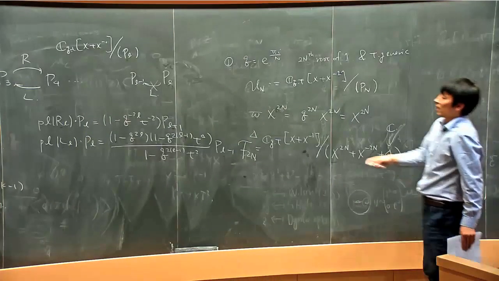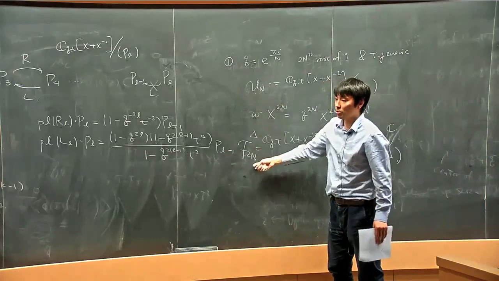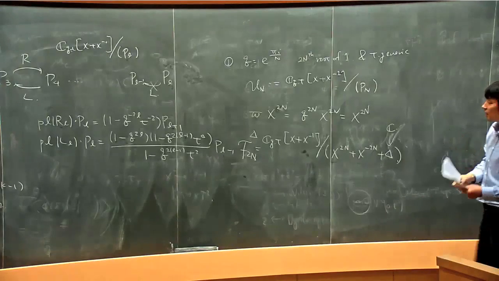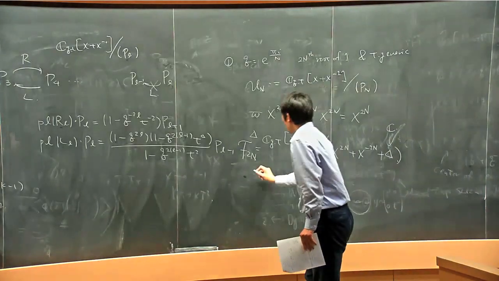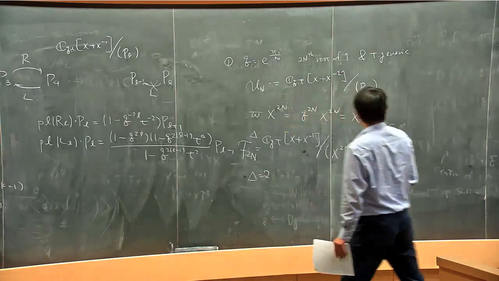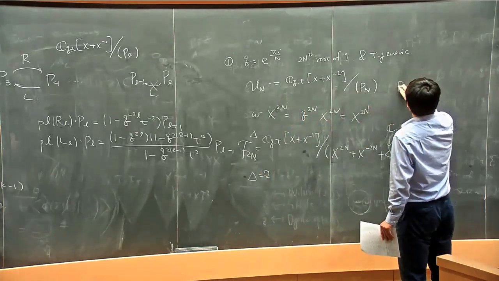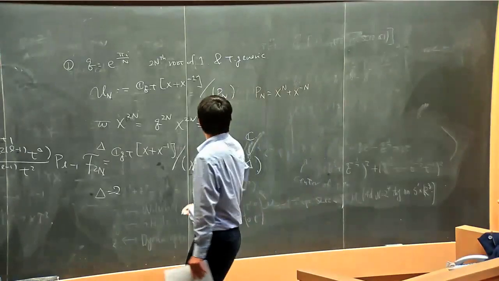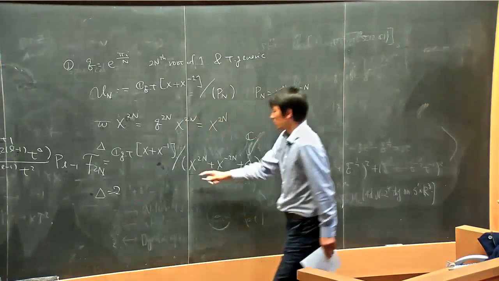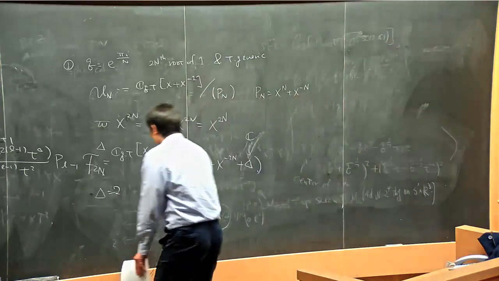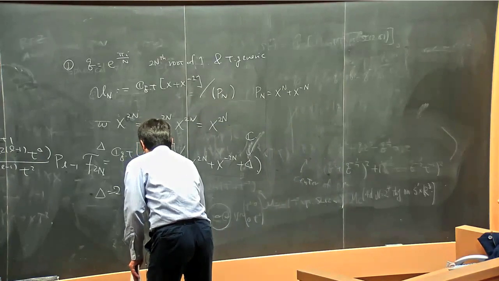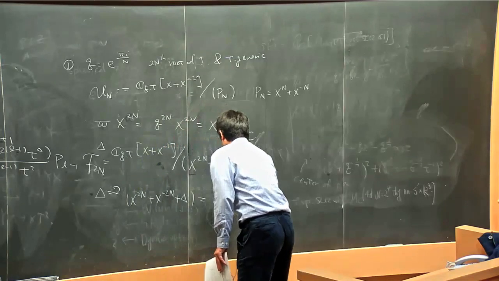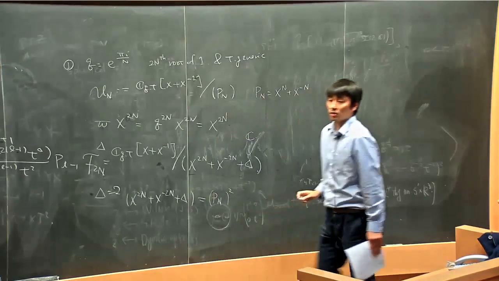So in the case of 1, you have two finite dimensional representations. In particular, when delta is equal to 2, the Pn is x to the n plus x to the minus n. So when delta is equal to 2, x to the 2n plus x to the minus 2n plus delta is equal to Pn squared.